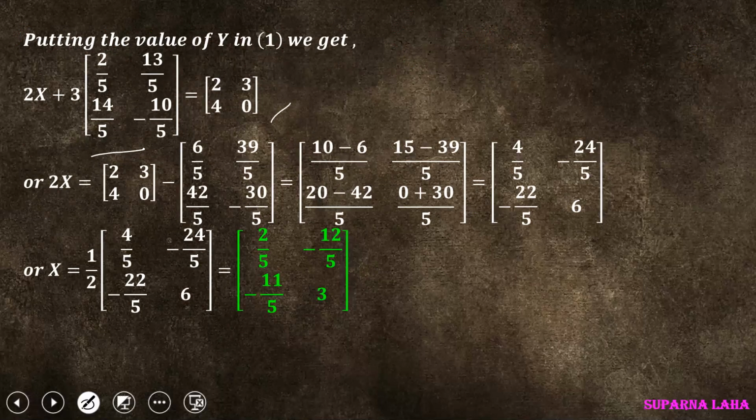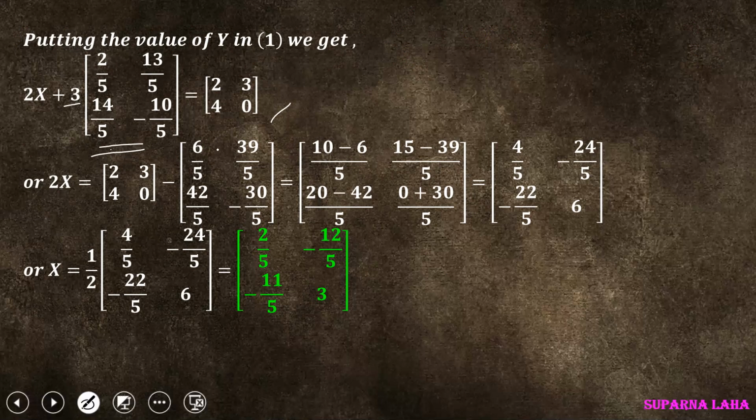Just practice it. You will find how to apply it. It's very easy. Don't make these things so complicated. So 3 scalar multiplication with a matrix. So first multiply this matrix by 3.